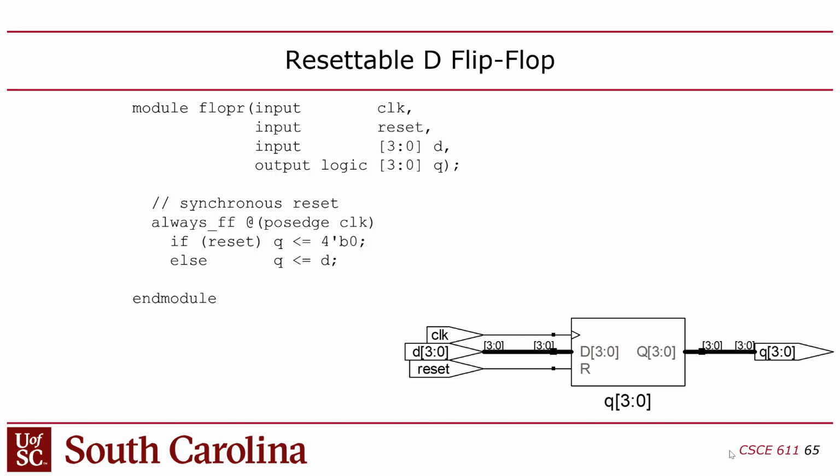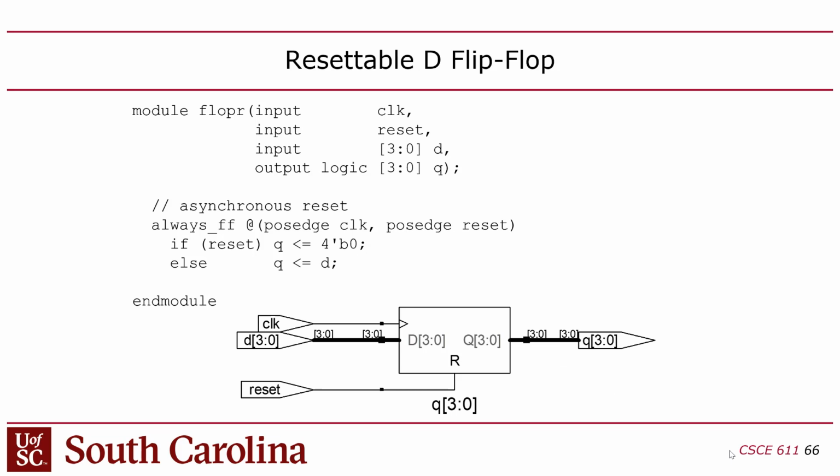So this is a synchronous reset. Now, you can also have an asynchronous reset. All you have to do is add the reset in the sensitivity list, which means that if the reset goes from low to high, it will activate the always, even if there's no clock edge, meaning you can reset it whenever you want rather than having to wait for the clock edge.